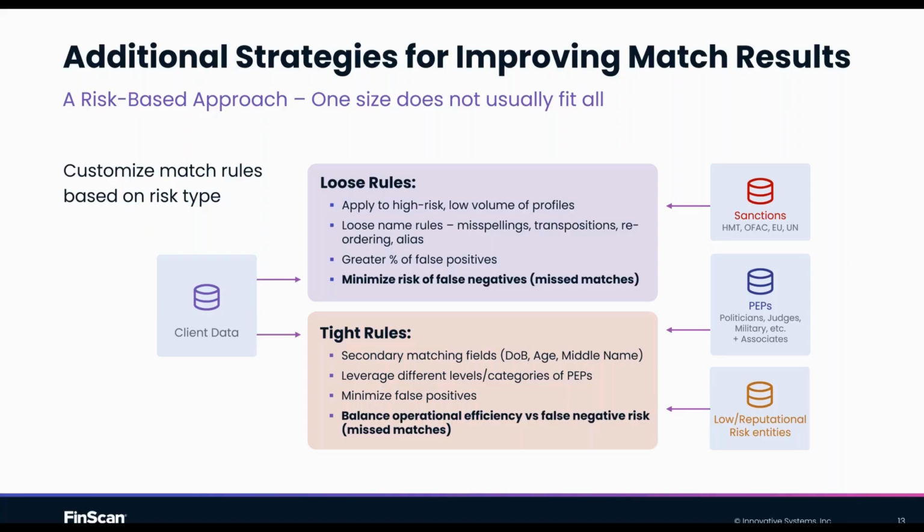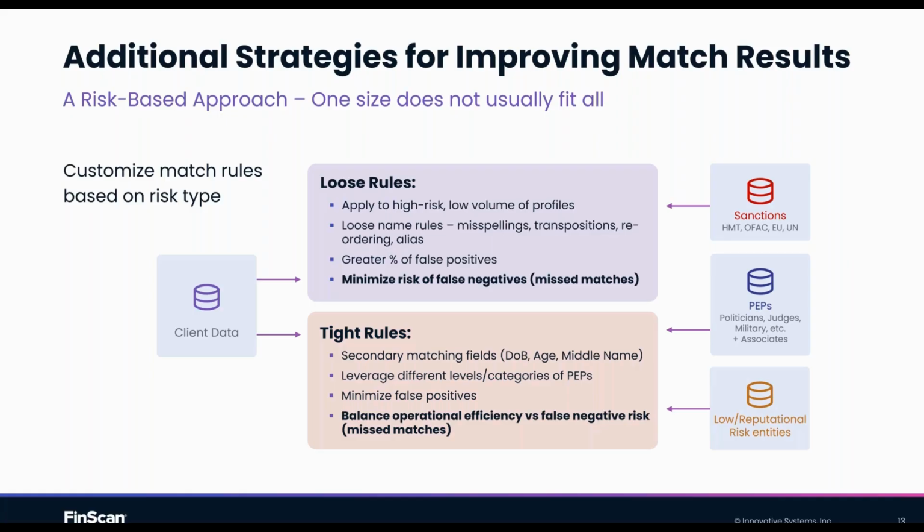When you compare that to there being more than 2 million PEPs, it's a small amount of data. You can use loose name rules, and you can afford that greater overall percentage of false positives, because ultimately the pool, the actual underlying number of screened profiles and results, is going to be naturally lower. So you can minimize the risk of false negatives without taking a completely wide cast net across all risk.